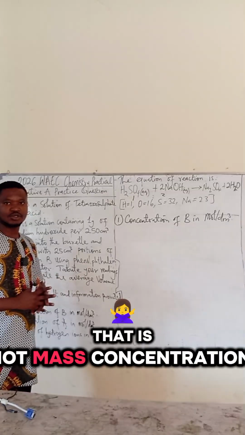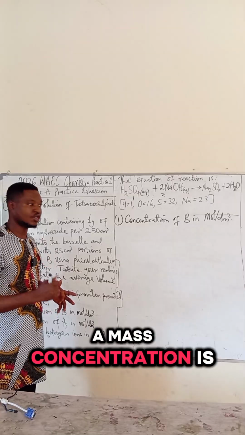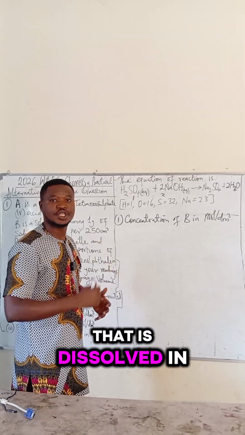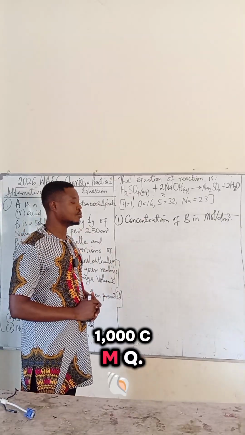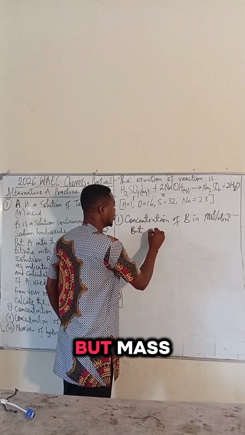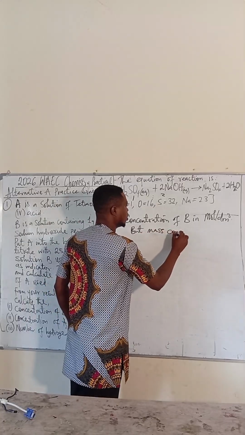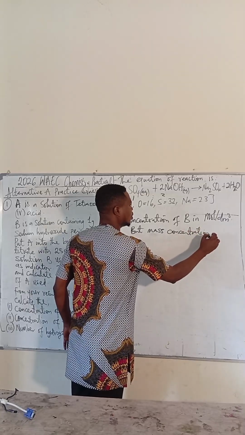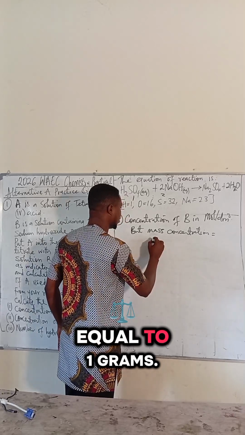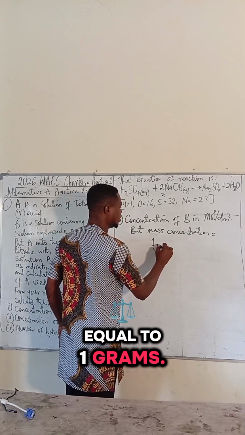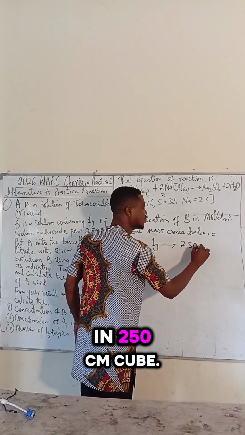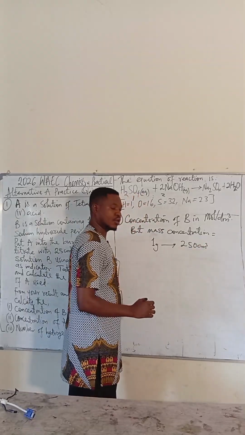That is not mass concentration. A mass concentration is the amount in grams that is dissolved in 1000 cm3. But here, 1 gram is dissolved in 250 cm3.